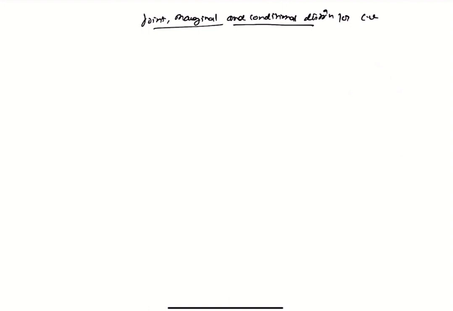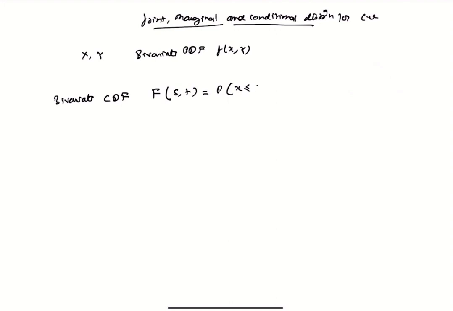So suppose we have two variables x and y, their bivariate PDF is going to be fxy. What will be the bivariate CDF? The bivariate CDF, which is given by s and t, will be given by P(X is less than or equal to s and Y is less than or equal to t), which you can do by adding up all the probabilities before s.